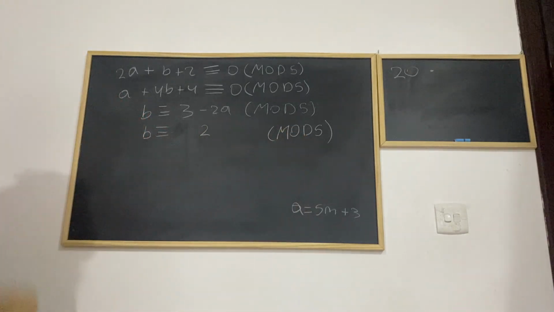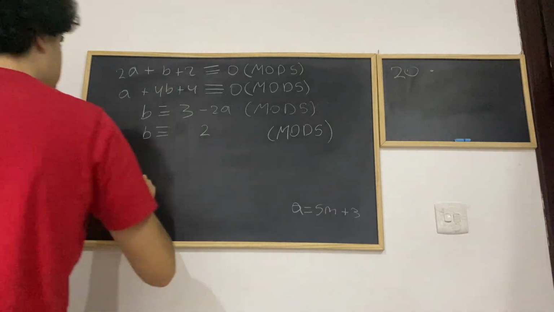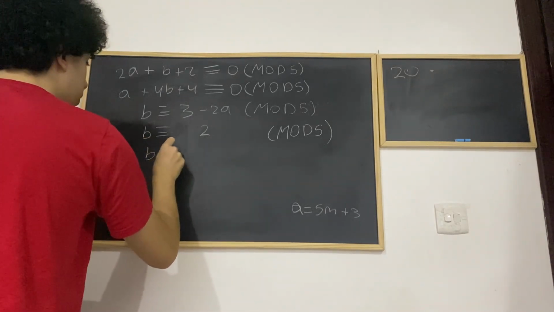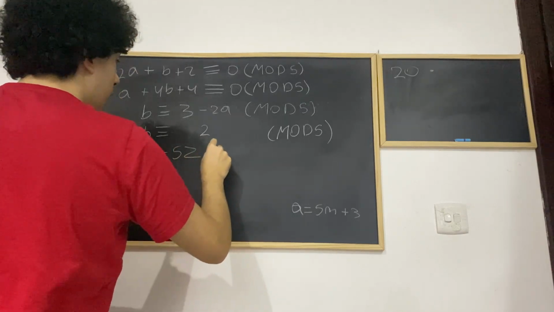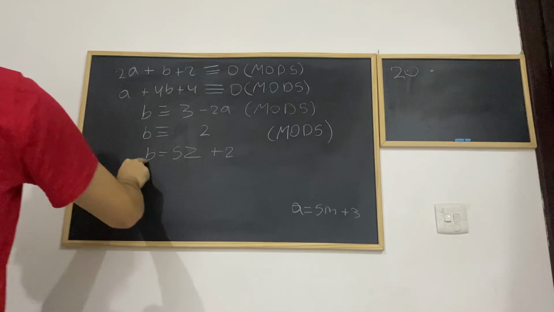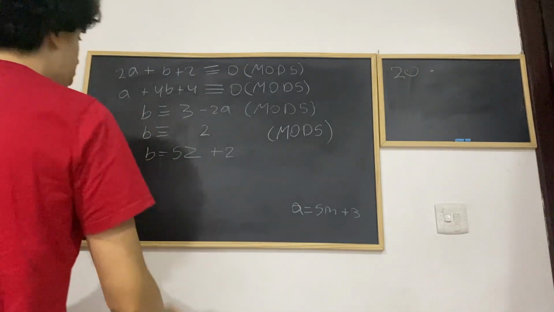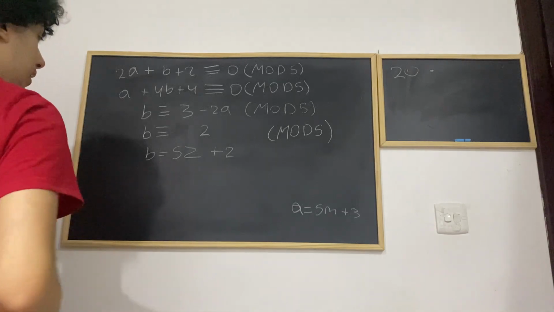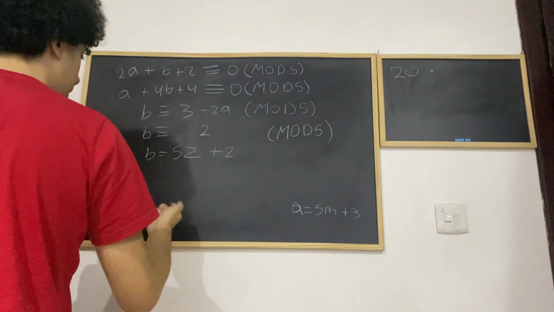Why don't we just do an equation for b? Because b is already isolated, isn't it? So b is equal to, let's use z, 5z plus the remainder 2, right? Now b has to be less than 100 as well, if we remember the question correctly. So the maximum value for b that is possible is 100 minus 5 plus 2, which is 97.